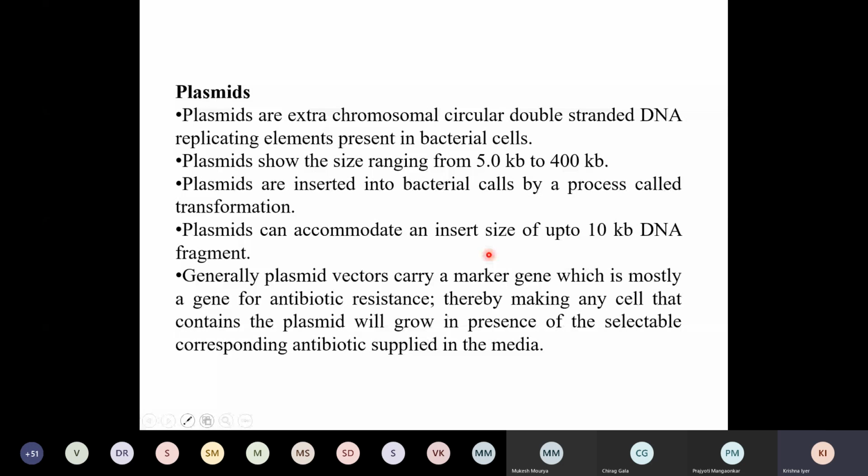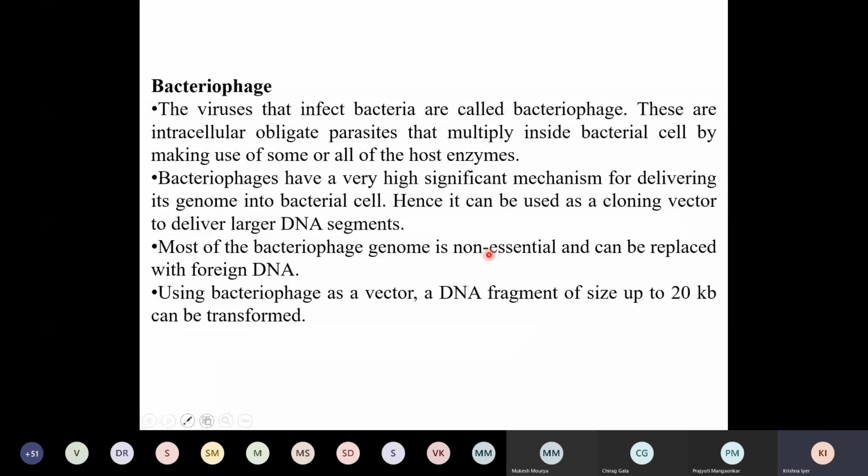Just like we can use plasmids as vectors to carry DNA, people have also used viruses to carry DNA. For example, many bacteriophages are used to carry foreign DNA. And how do they carry DNA? They carry the DNA by infecting the bacteria like they normally do.